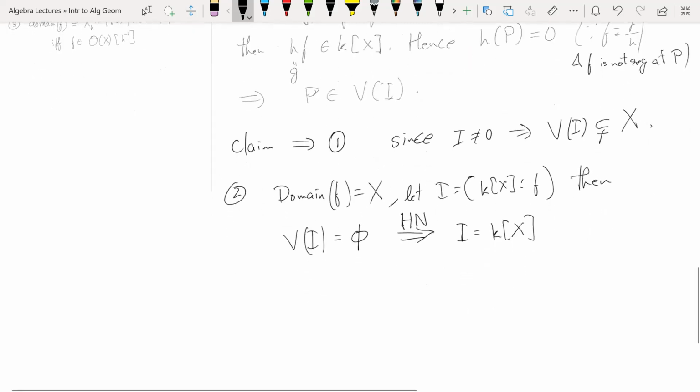Maybe I should say a little more, since we saw it in terms of the polynomial ring.